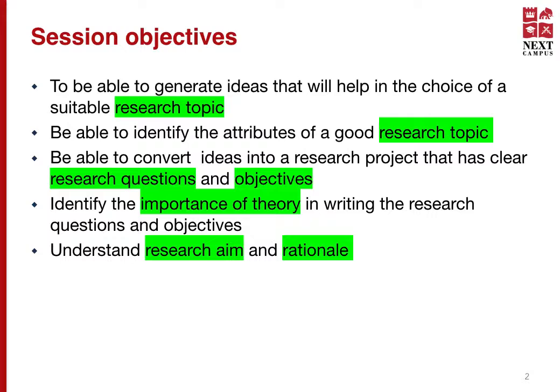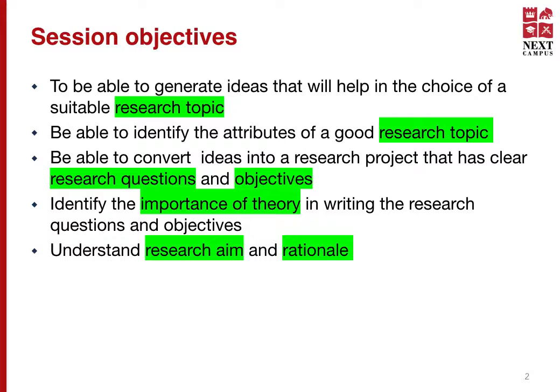After we discuss the research question, let's see how the research questions can be converted to research objectives. When doing that, it's very important to have theory included in both the research question and the research objective. We'll discuss why that is in a little while. Finally, we'll look at the research aim and the research rationale.